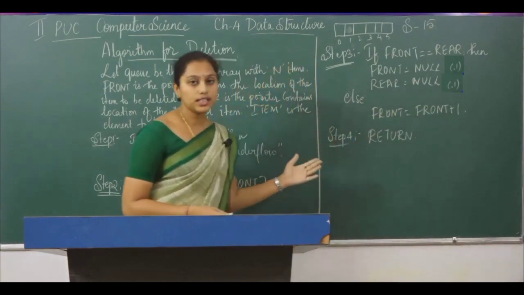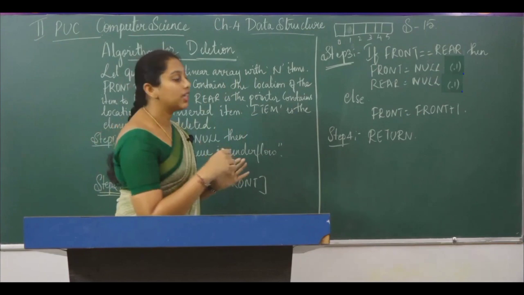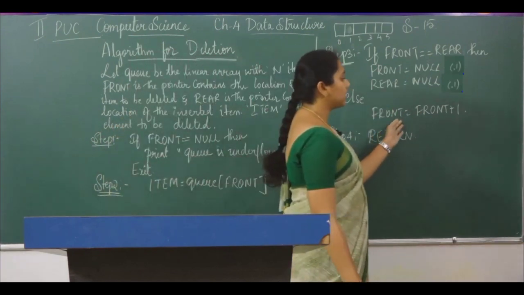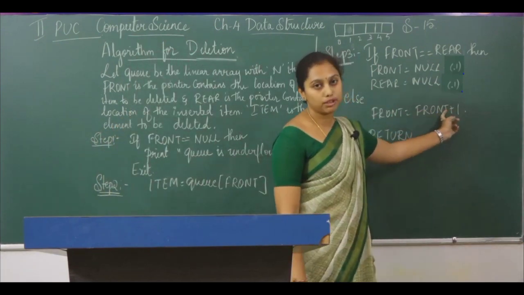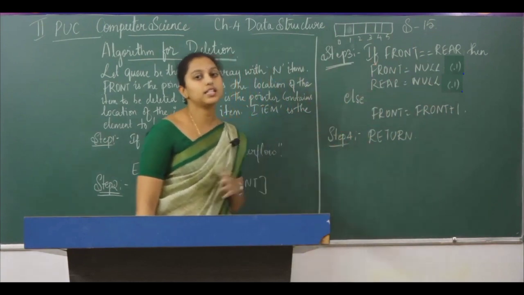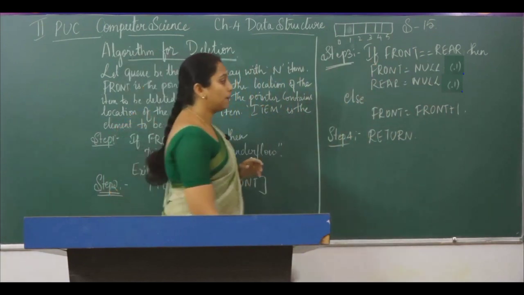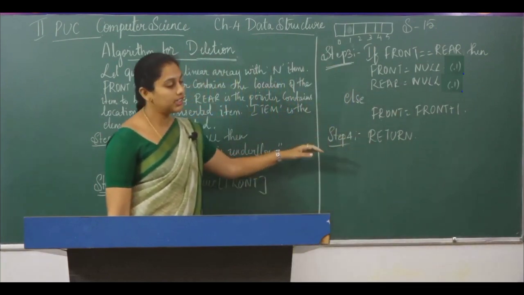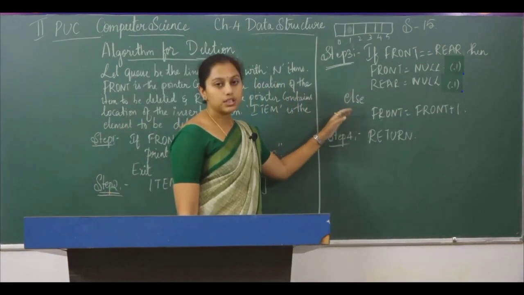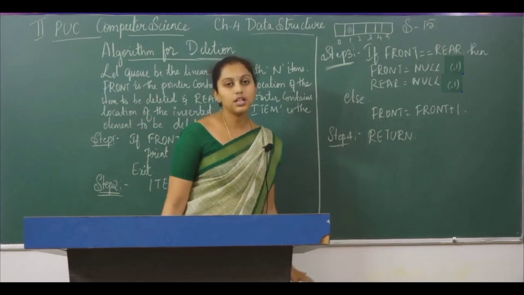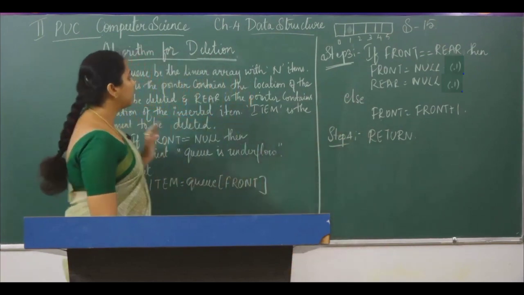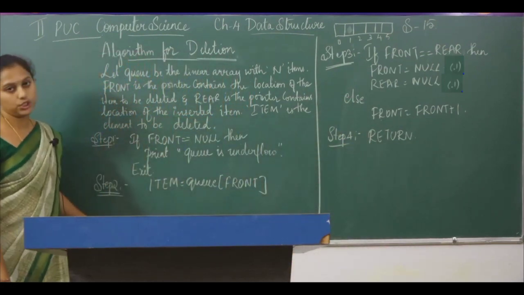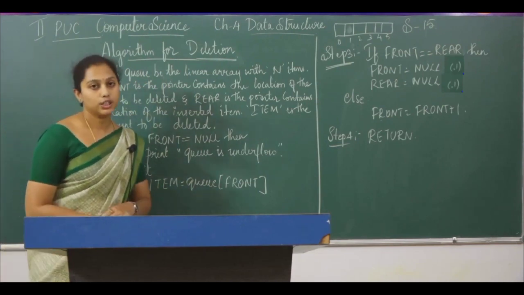If the queue does not contain only one element, we can increment the pointer front to the next position of the queue to delete the next element by front is equal to front plus 1. So after deleting an item from the queue, we are returning from the queue. So this is the algorithm for deletion of an item from the queue.